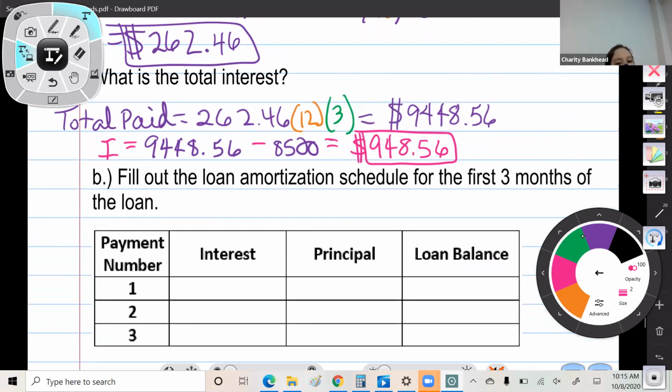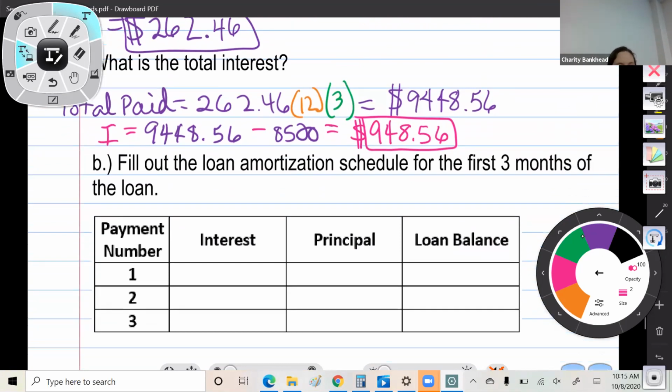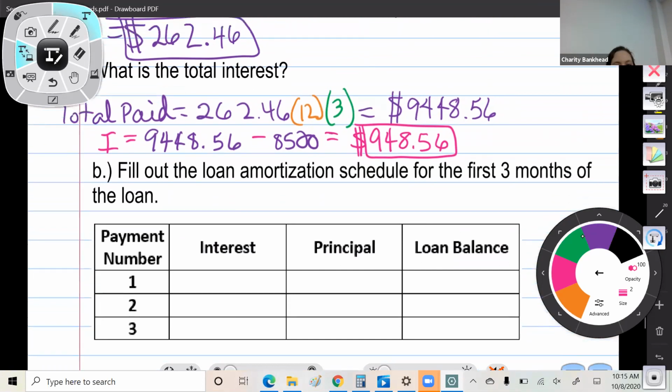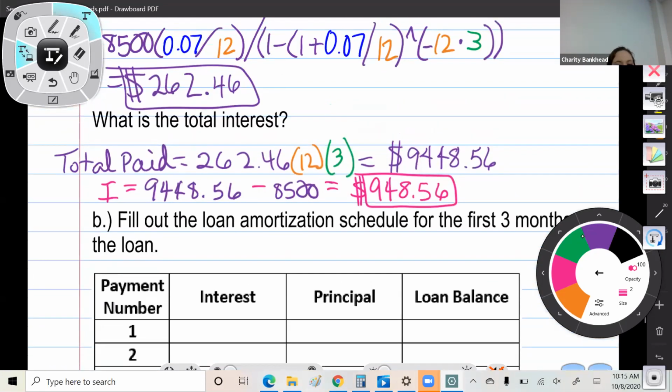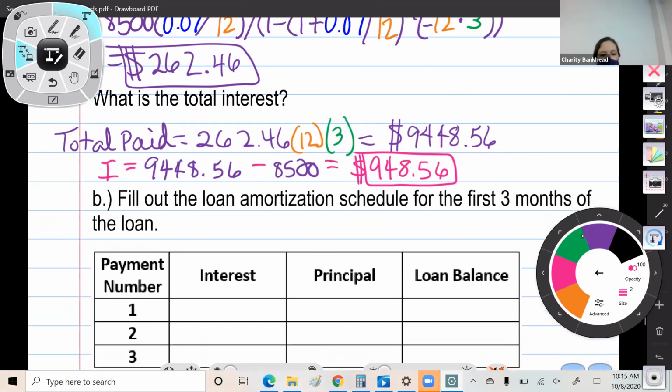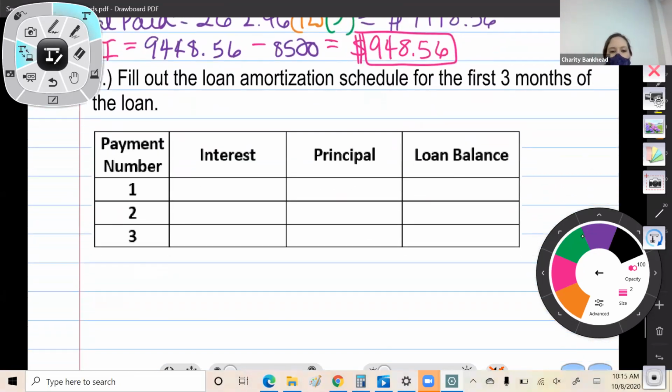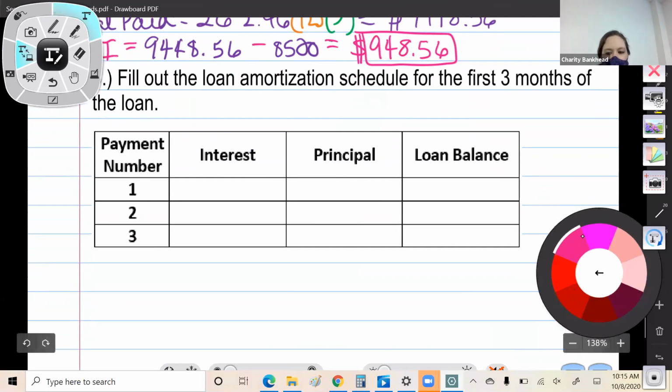All right, fill out the loan amortization schedule for the first 3 months of the loan. Okay, so the annual interest rate is 7%. So that means if you want to see the amount of interest you're paying each month, you divide that by 12. It starts out on the first month with the first payment.